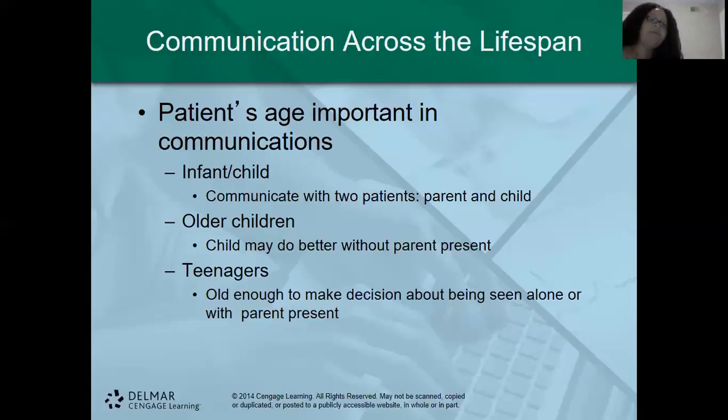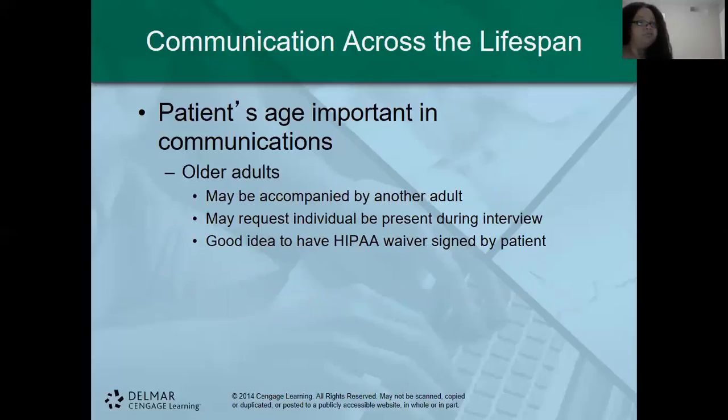Teenagers that are old enough to make their own decision about when to be seen alone or with their parent. The older they get, the more independent they are, so the less likely that parent will be there with them. And the older population, they might have somebody with them to accompany them.